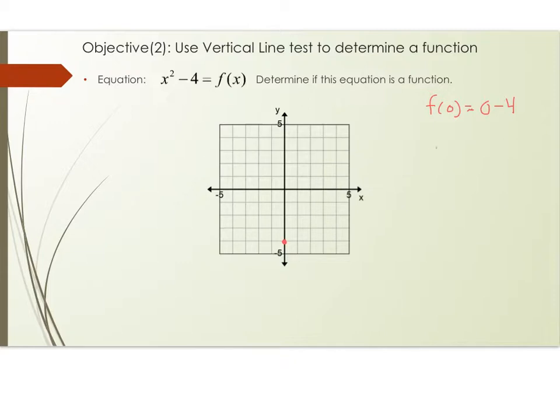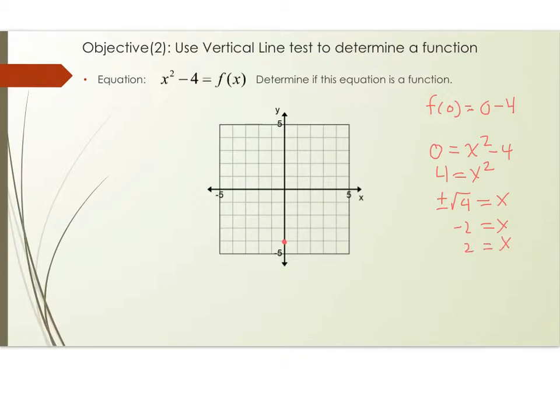And so now I'm going to let 0 be equal to x squared minus 4. So now I have 4 is equal to x squared, and plus or minus the square root of 4 is equal to x. So x is a minus 2, and x is 2.